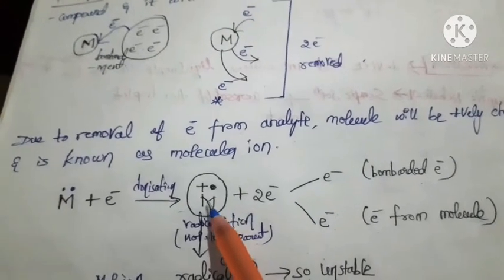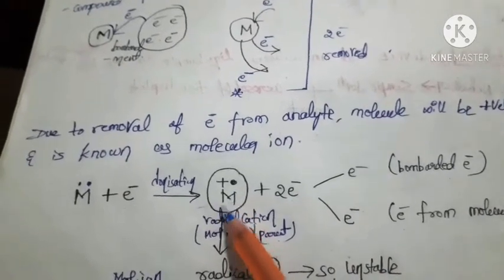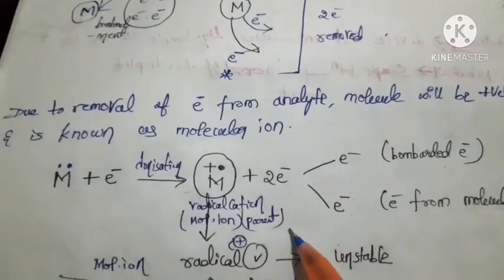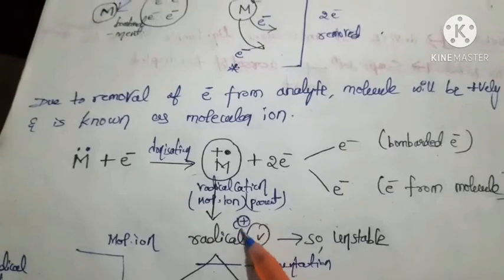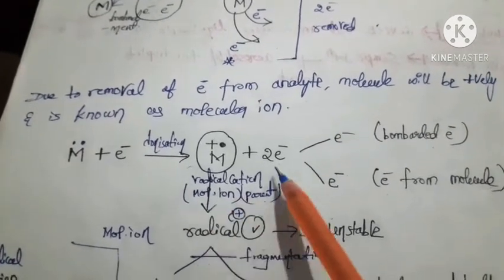As one electron is removed, it will definitely get the positive charge. So this is a radical cation, or molecular ion, or parent ion. As cation and radical are both present, we call it a radical cation.